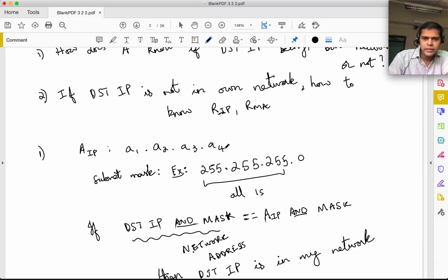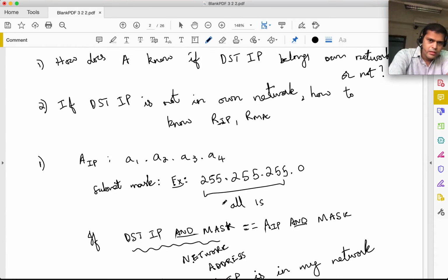For example, with B's IP address, we would first check whether it belongs to my particular network, and if it does, then we said we send out the ARP packet. Now we are interested in the second case: if we take C's IP address, it doesn't match, and so the packet has to be sent outside. So now the question is, how do I know RIP and RMAC?